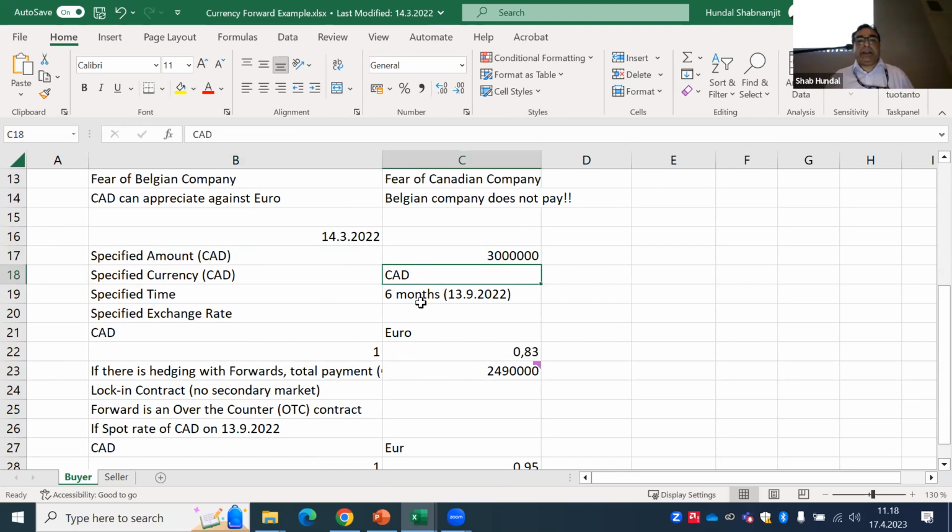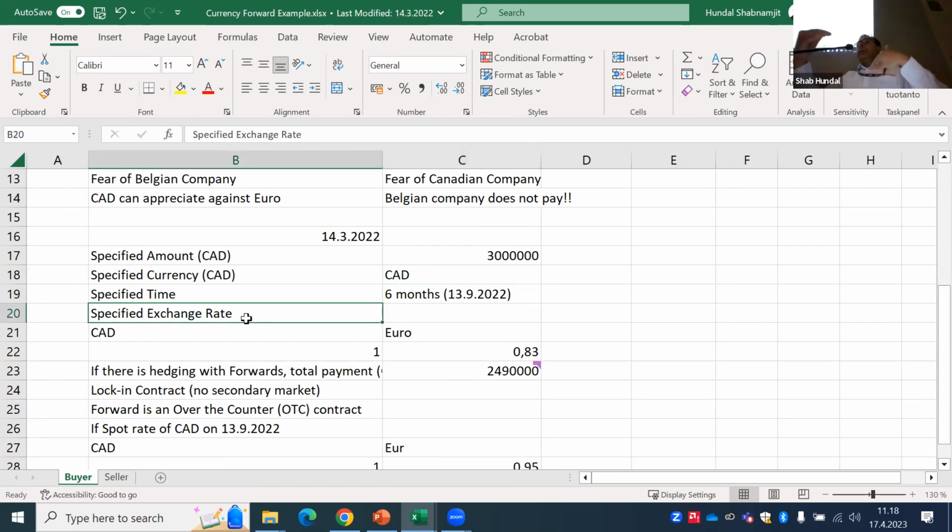And we need to make a payment in 6 months' time. The exact due date is 13th of September. And then one more specification is left. That specification comes from the negotiation.